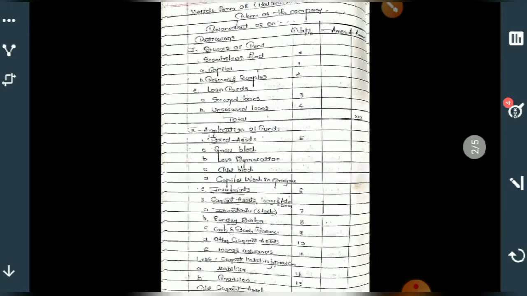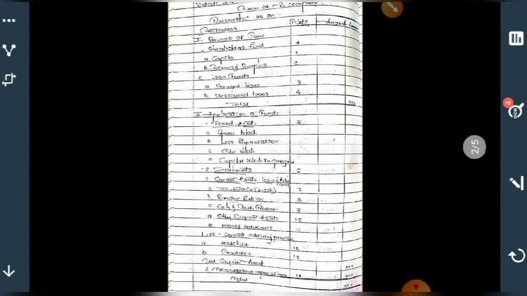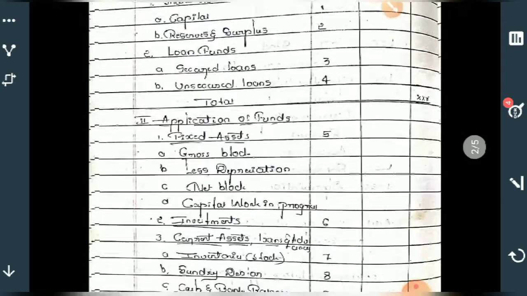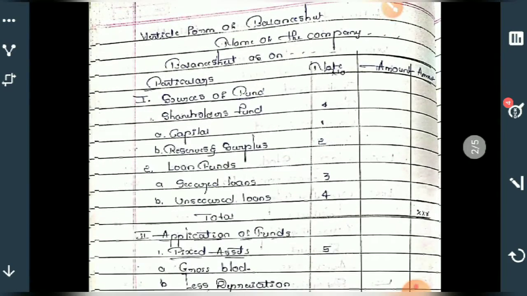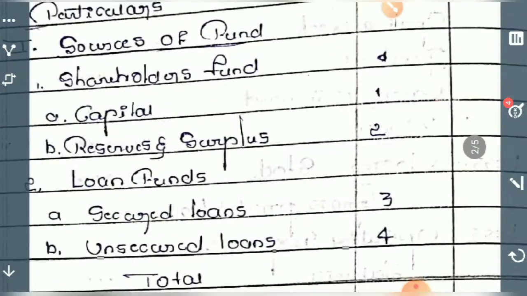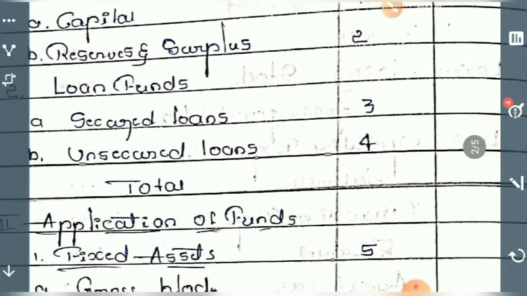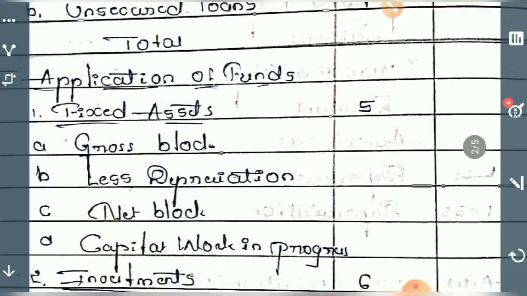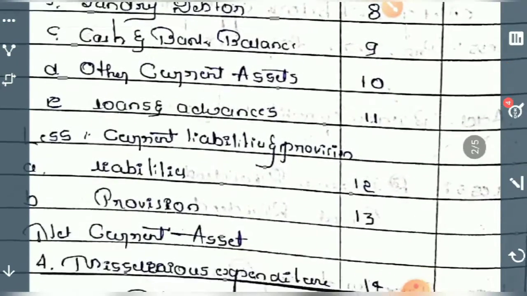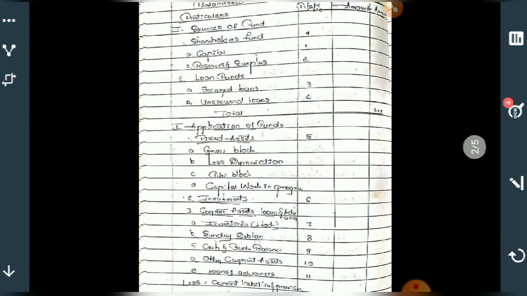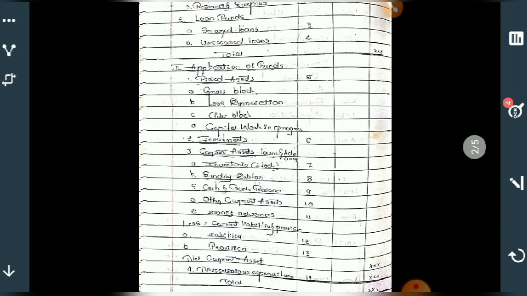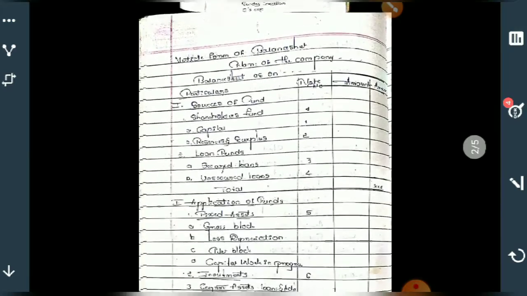Here another main thing you should note is that note numbers are used. Each head of the balance sheet will be given some notes like 1, 2, 3, 4, 5, 6, 7, 8, 9, 10, 11, 12, 13, 14. These notes are to be remembered, and you have to note down this format and make it perfect.